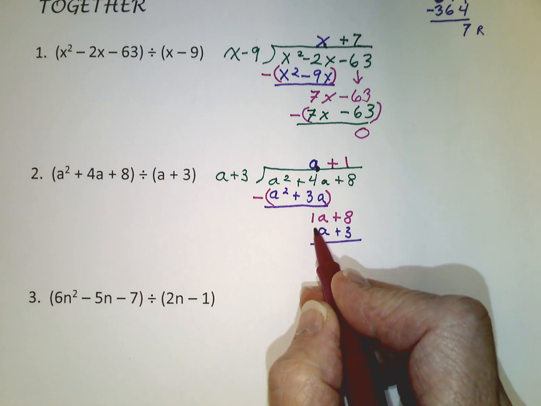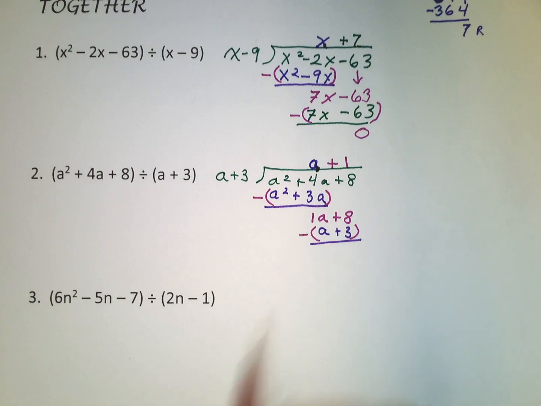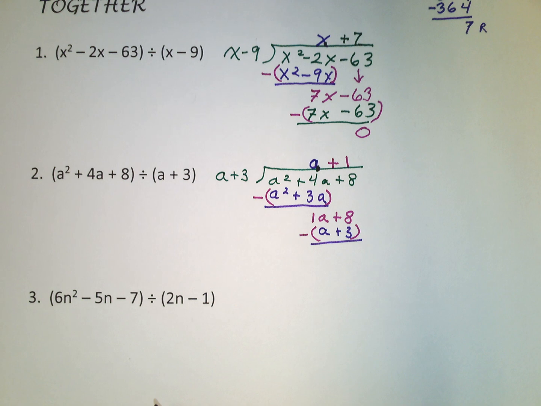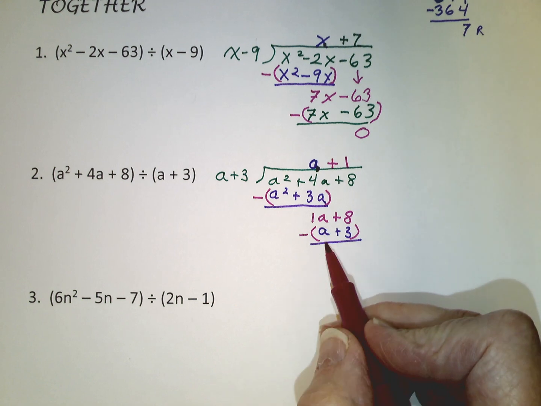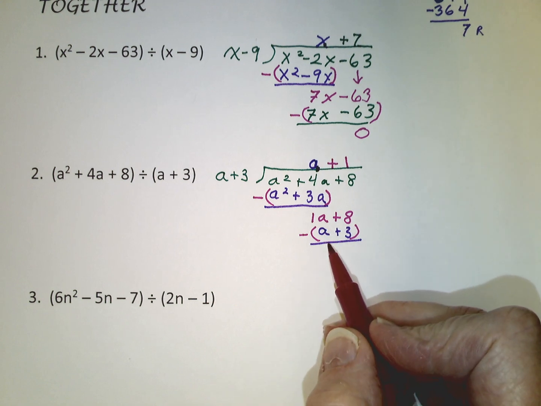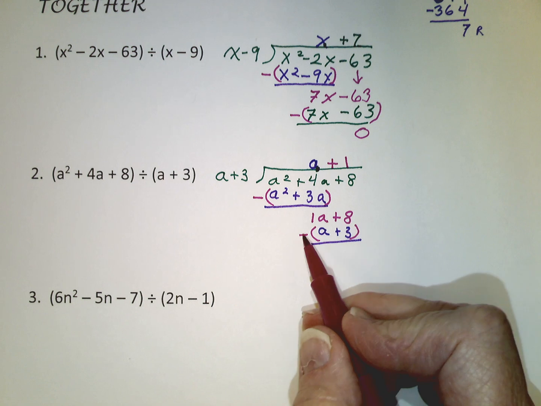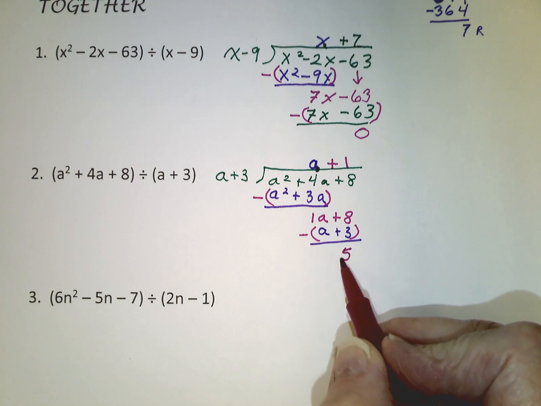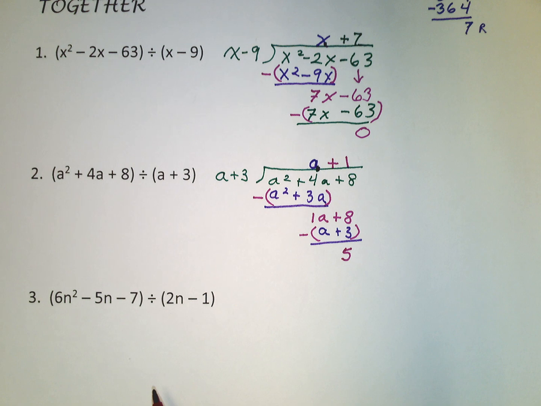The next step is to subtract all of that. Well, 1a minus a, they should cancel out. And now we have 8 subtract 3, which is 5. That's our remainder.